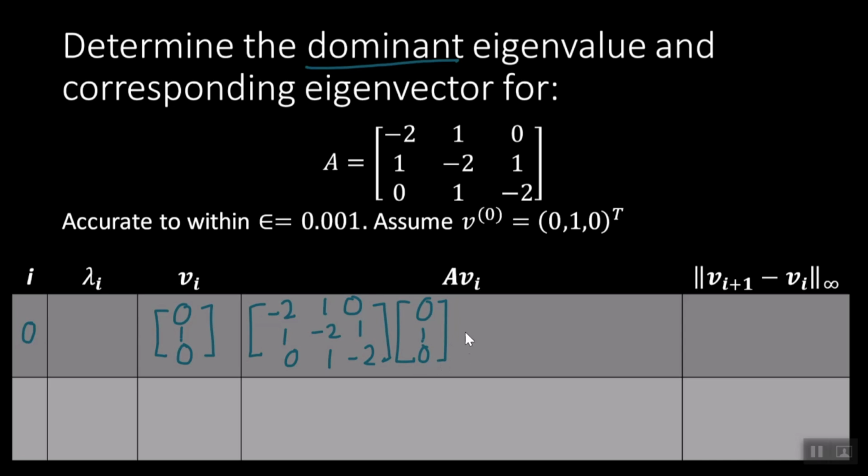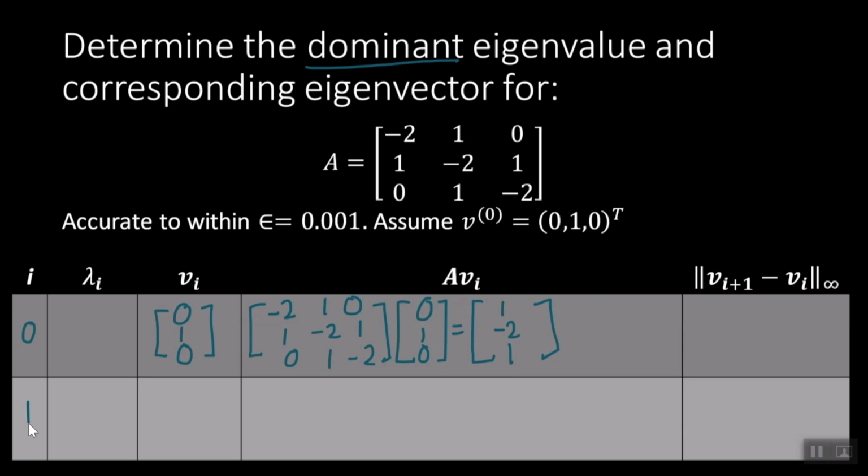I would definitely use my calculator to calculate AV naught. Matrix AV naught would be a 3 by 1 matrix, because this is a 3 by 3 multiplied by a 3 by 1 matrix, and we get the entries as 1, -2, and 1.